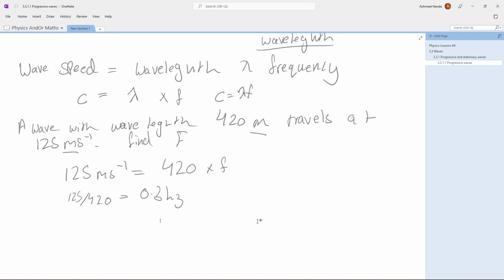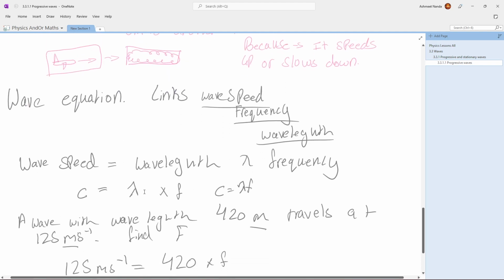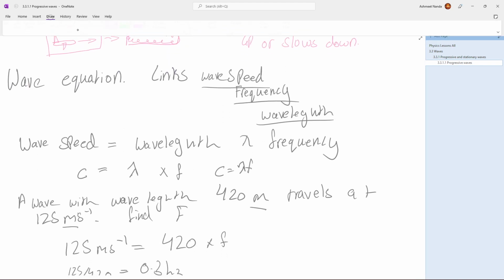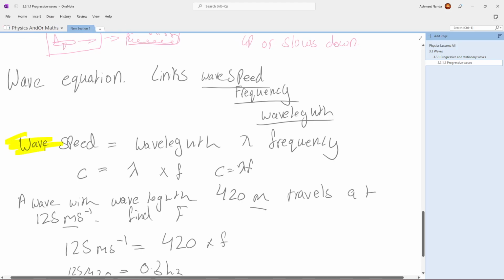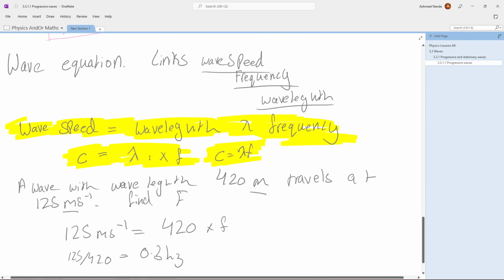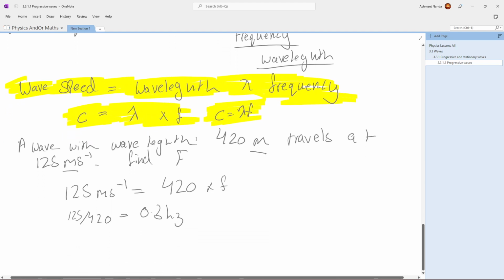And the equation for c, lambda, and f is this, wave speed. So I will actually highlight this since it's used very widely across all of physics exams. So that's the most important one. And that's everything.